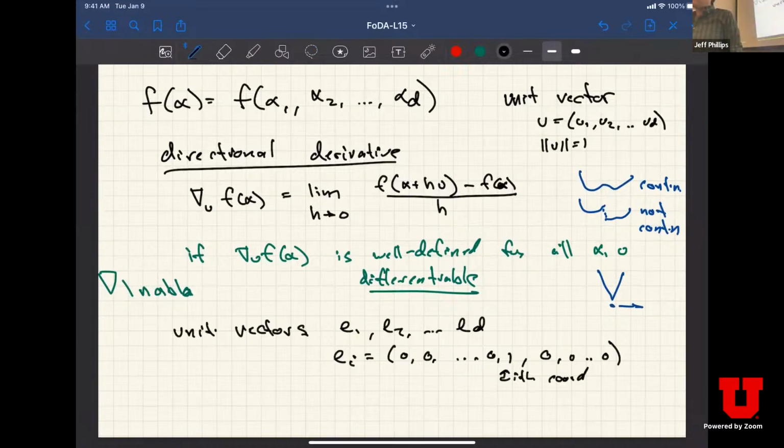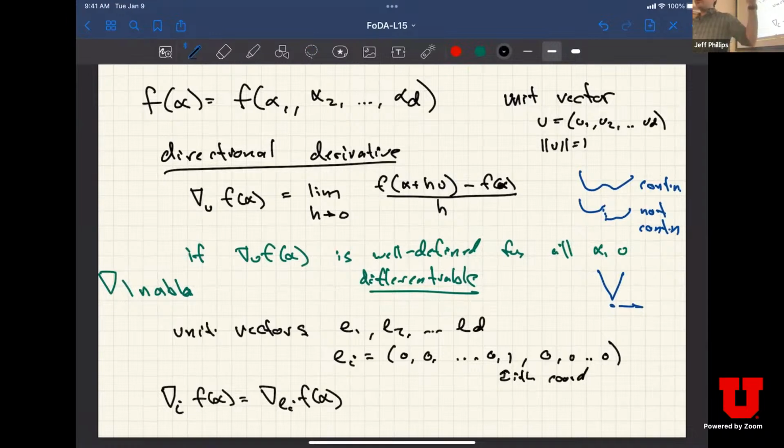I'm going to say that nabla i of f of alpha will just be shorthand for nabla Ei f of alpha. What this helps me do is isolate the ith coordinate.